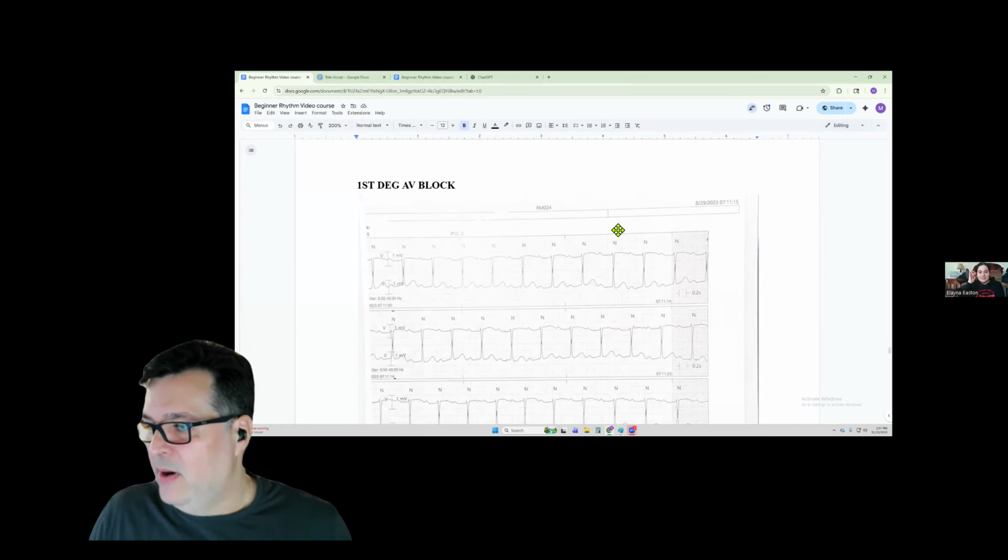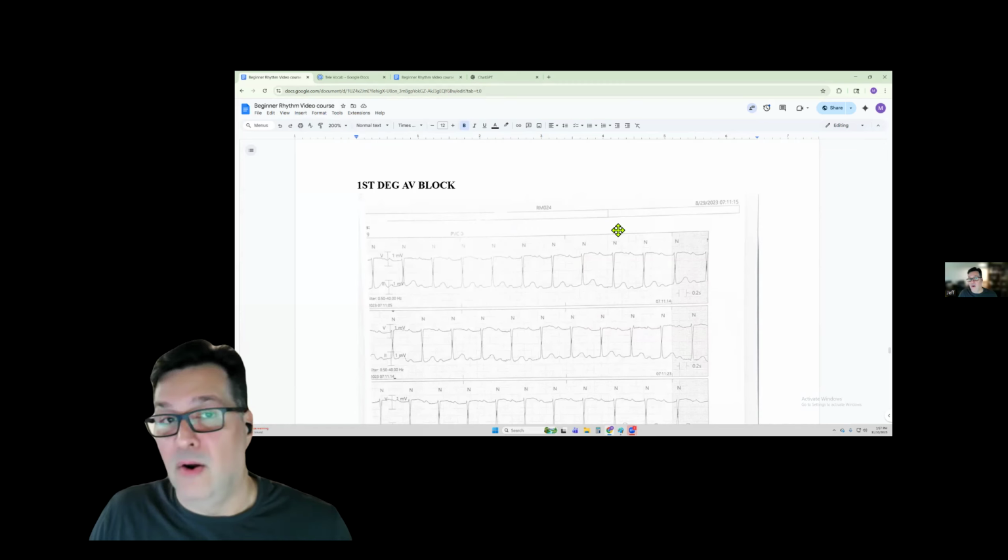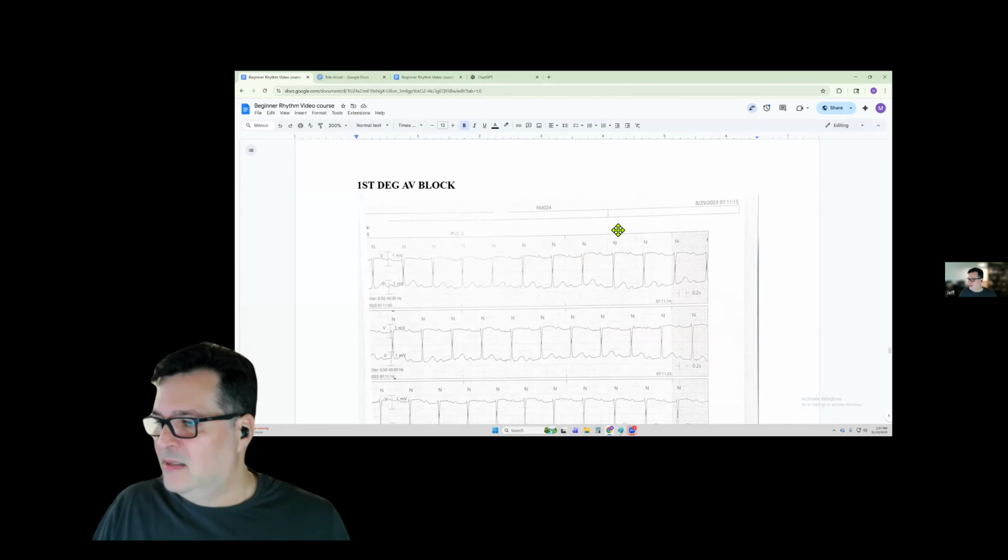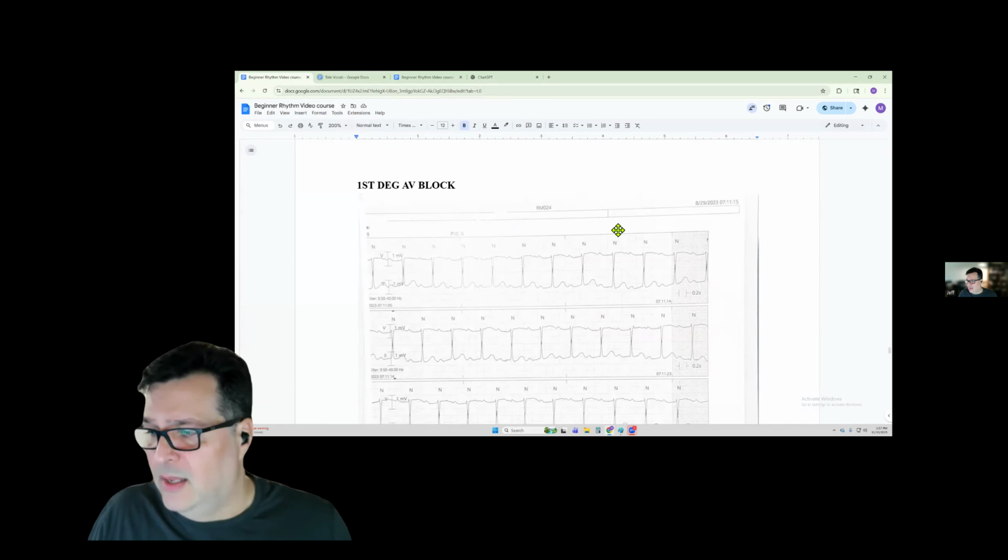I want to hit AV blocks, and then there's some stuff. I don't know if you looked at the Google Doc recently. I've been trying to reorganize and make it flow a little bit better. So I've kind of separated some stuff out to advanced stuff that, if you want, we can talk again later. But if we get through AV blocks right now, I think we could be good. Yeah, up to you.